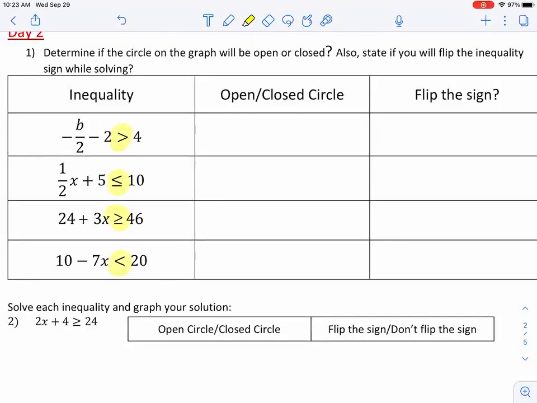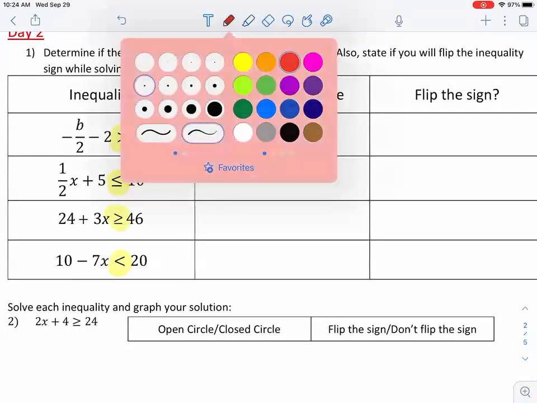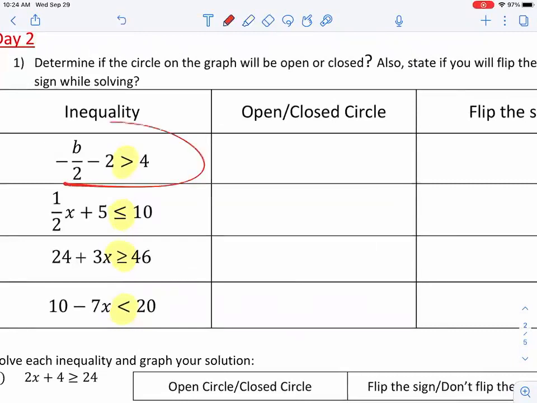So the first thing we're going to do is decide whether or not the circle is open or closed for each of these. And that has to do with whether or not it has an equal sign underneath it. So for example, this first equation, there is no equal sign underneath, so that is going to be an open circle. And that's due to the sign. Doesn't matter which way it's facing, it just matters if it has an equal sign underneath it, like the second one does, which makes that a closed circle.